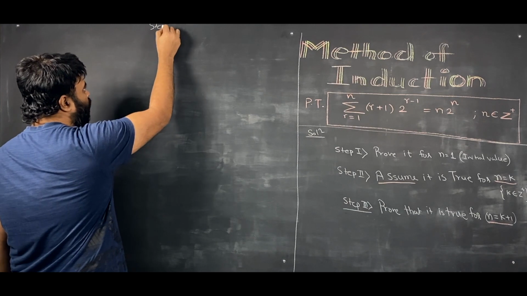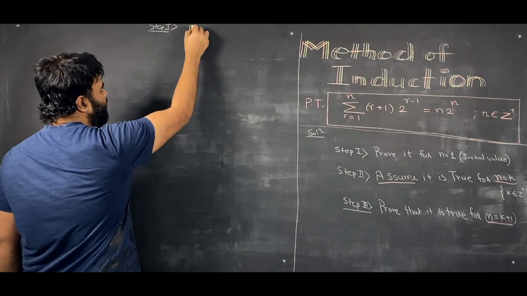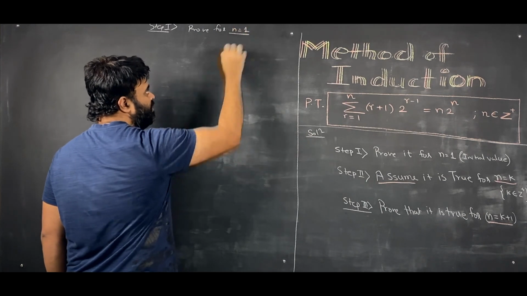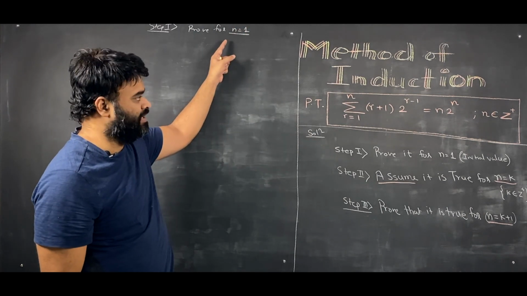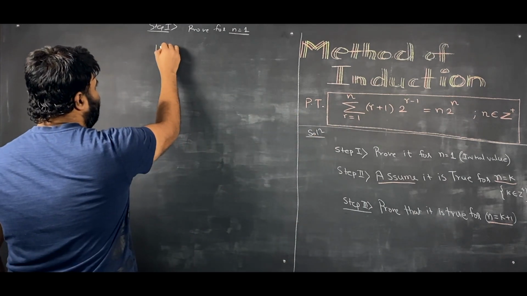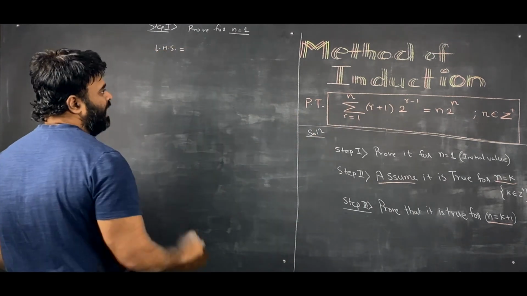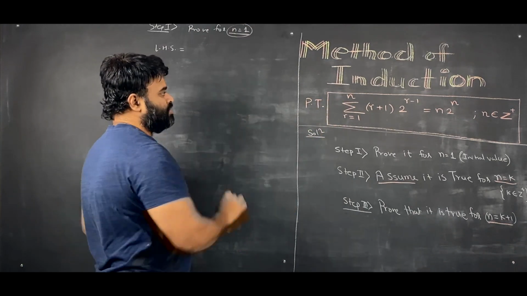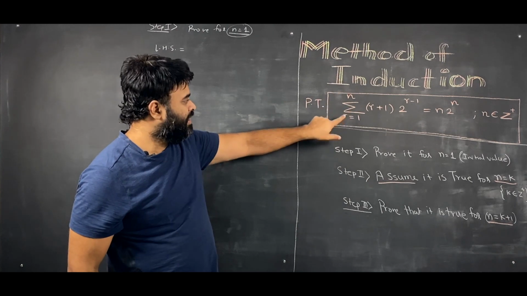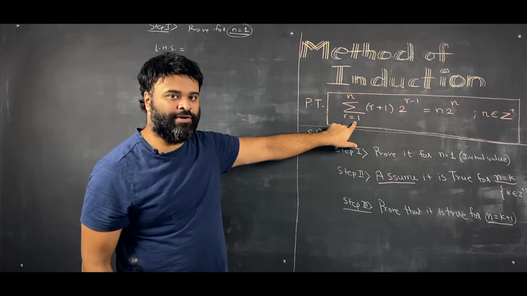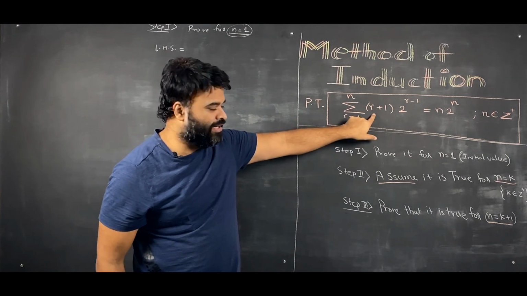Step 1 is to prove for n equal to 1. That's my initial value. Here we have the left hand side, and in the left hand side the n value is going to be 1. So if I put n as 1, it is just r equal to 1 to 1. So r will have only one value, which is 1, and you put that here and you get the LHS.